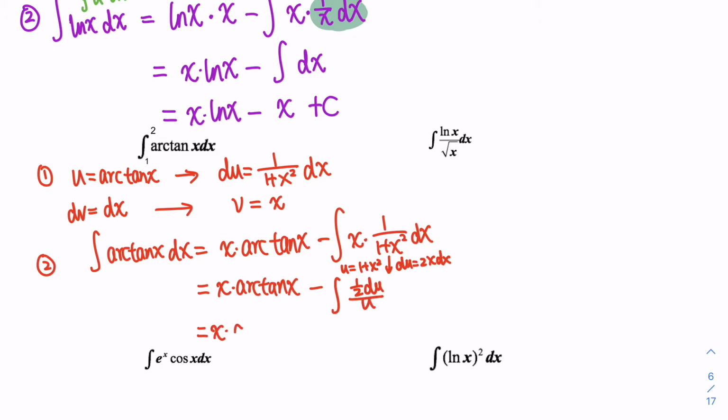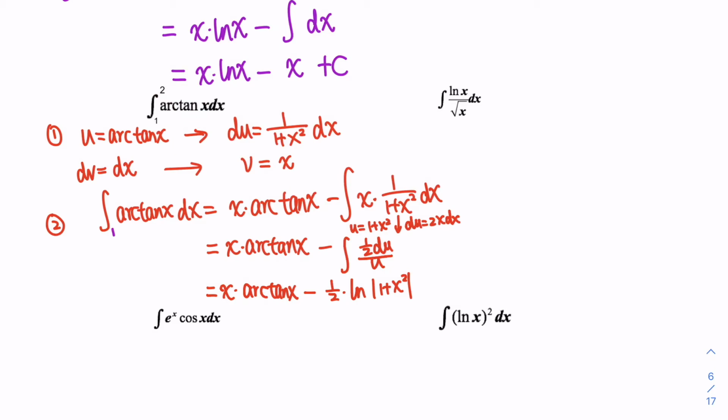That's x arctangent of x minus 1/2 ln u, which is 1 plus x squared. Now we put all the boundaries in, 1 to 2. So it's 2 times arctangent of 2 minus 1 times arctangent of 1, which is pi over 4, minus 1/2 times ln 5 minus ln 2. You can leave your answer like this.